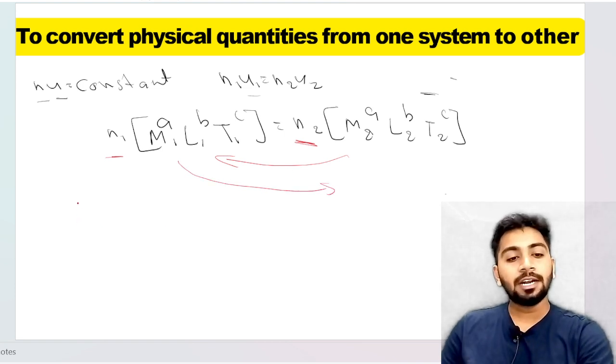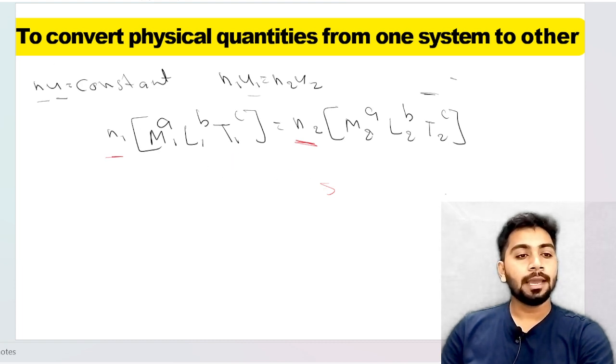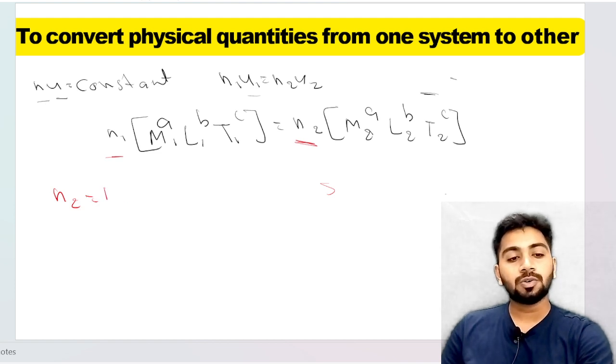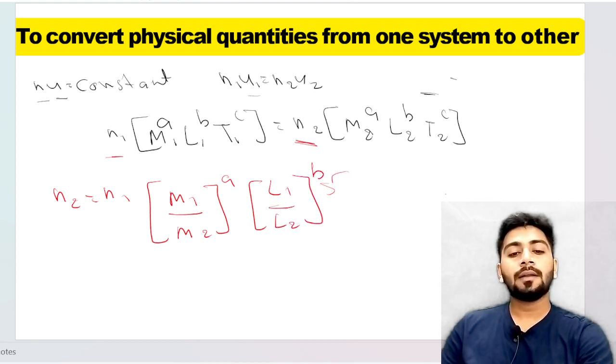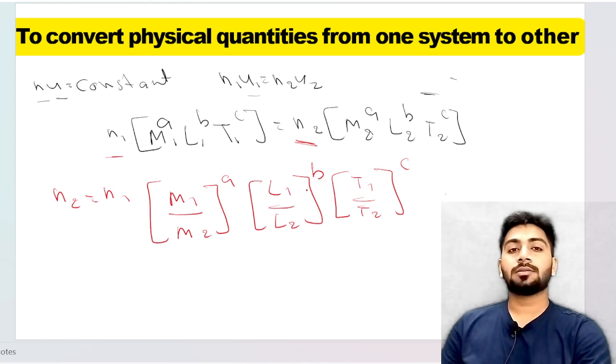Now let us see for n2, only n2. n2 is equal to n1 into M1 divided by M2 to the power a, into L1 divided by L2 to the power b, into T1 divided by T2 to the power c. Can I write like this? Yes, of course I can. Just simple.